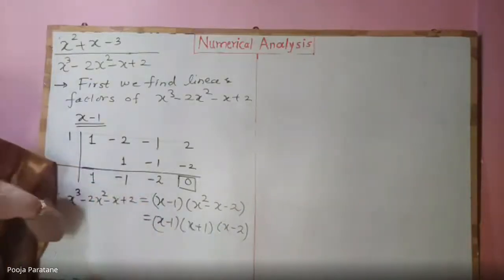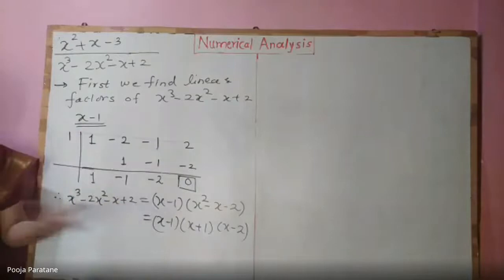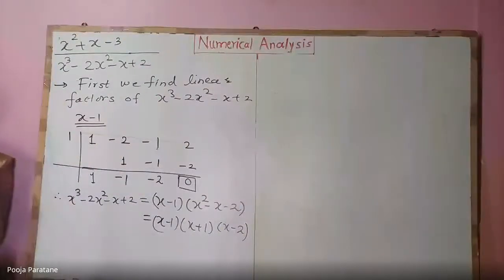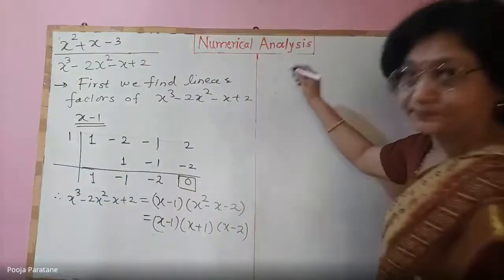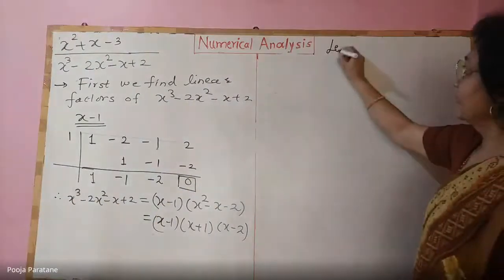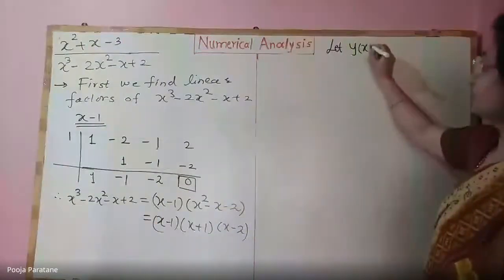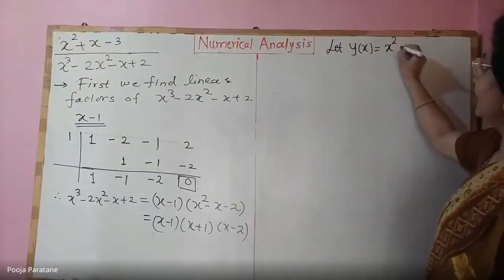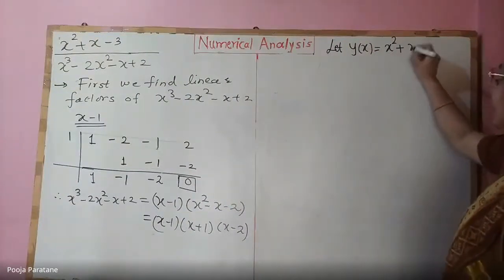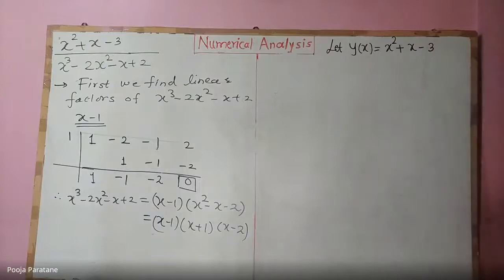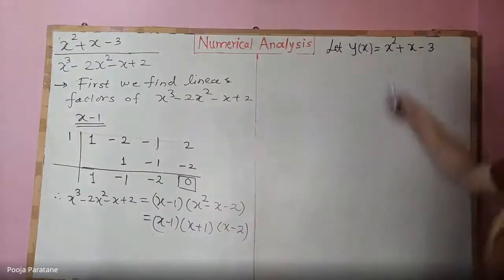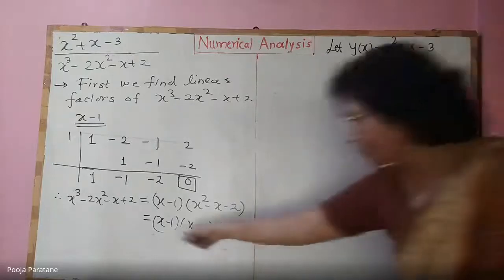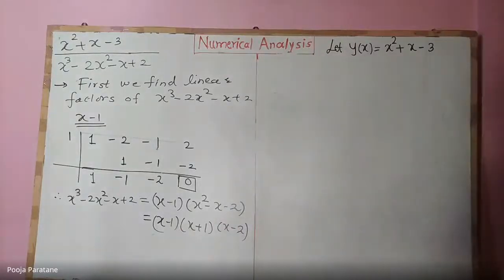You can write it in that order only or in increasing or decreasing order. That is not the issue. So here y(x) is equal to, always take the numerator as y(x). And now we will create the data. So at these values of x, we will find the corresponding y's, which will form our data.